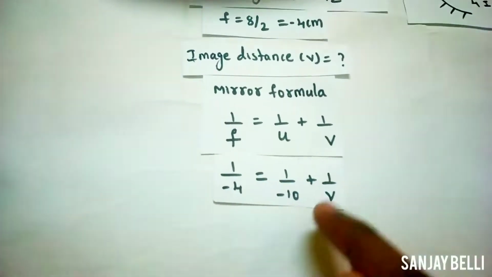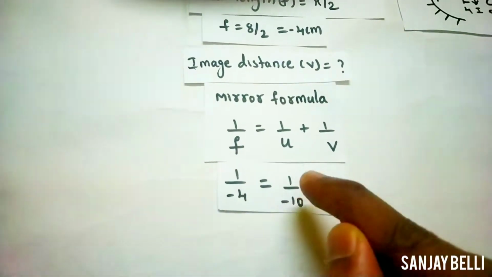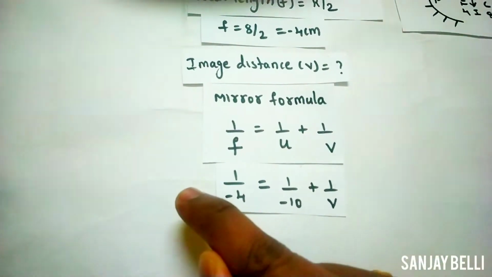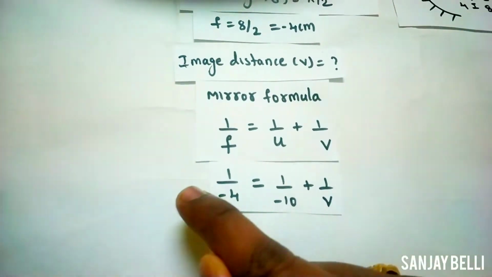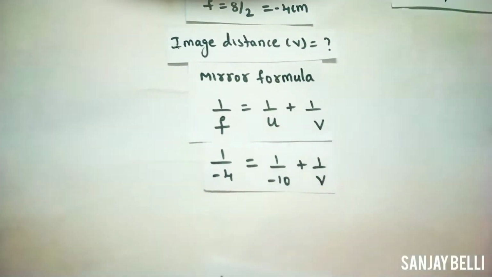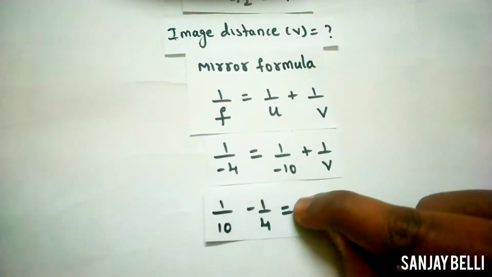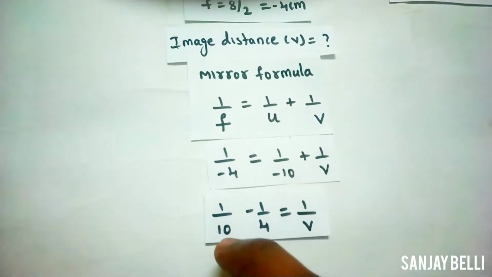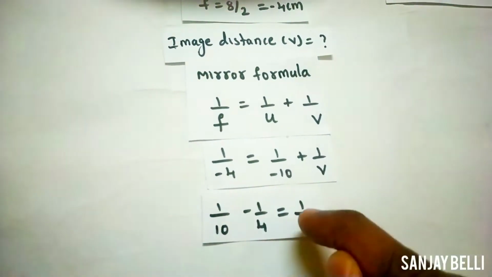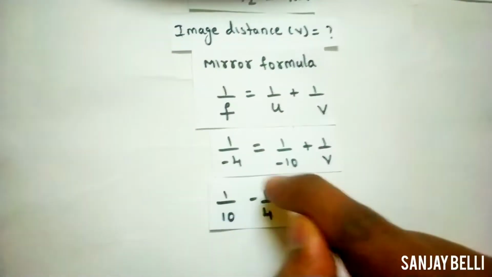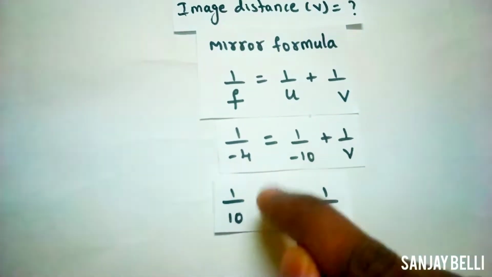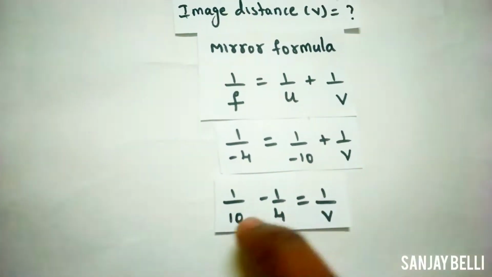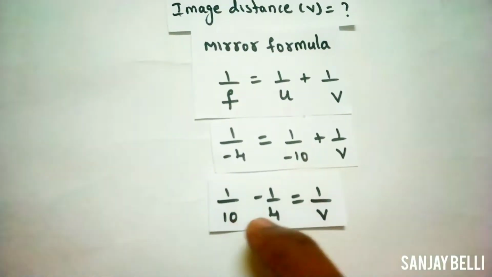Now what we have to do next step: this 1 by minus 10 you have to shift towards the left side. Once we shift it to the left side, it will become positive. Here you can see 1 by 10 minus 1 by 4 is equals to 1 by v. Now you have to do the LCM for 10 and 4.